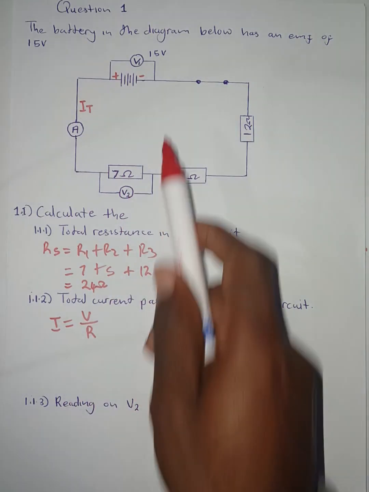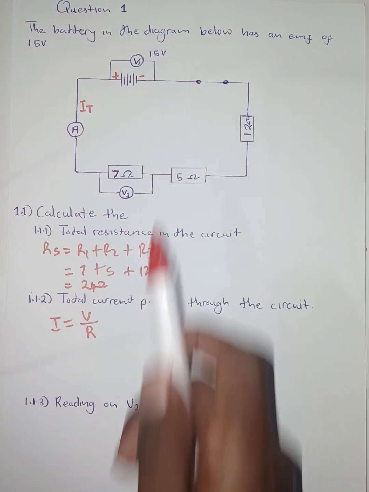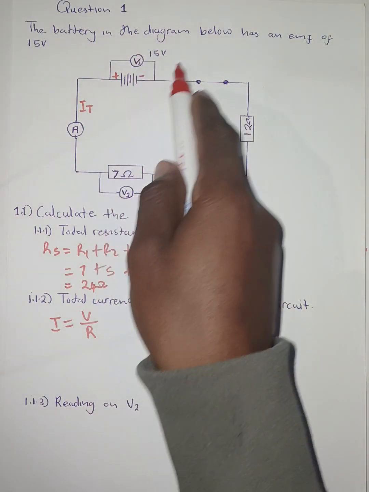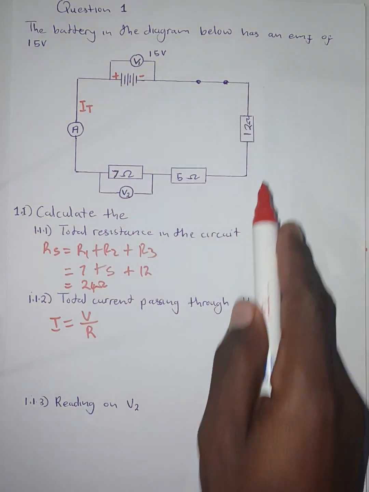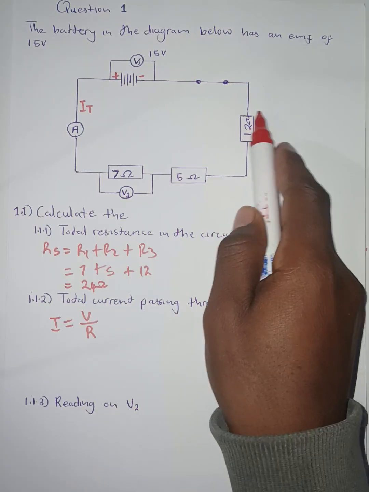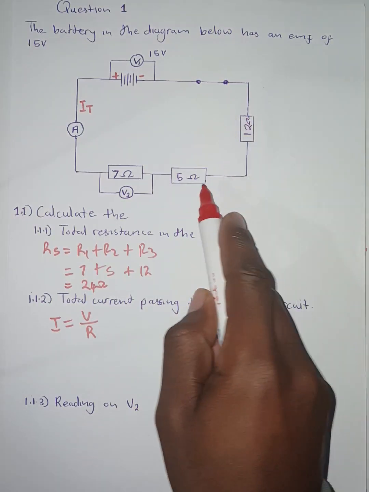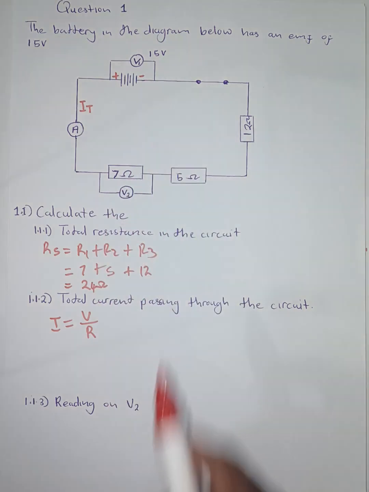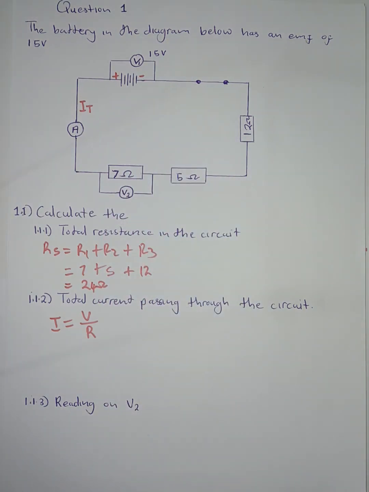So if I choose to use that 15 volts, I must use it with its corresponding resistors. The resistance in this case must be 12 plus 5 plus 7, because that voltage is the voltage that is distributed to the external circuit, right?